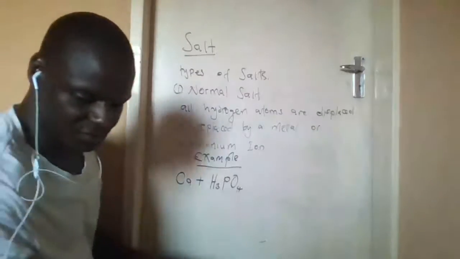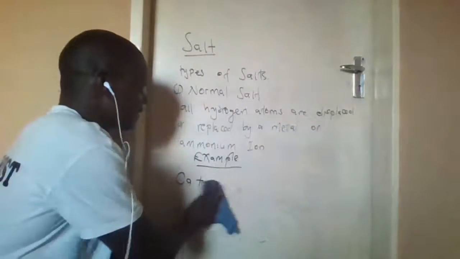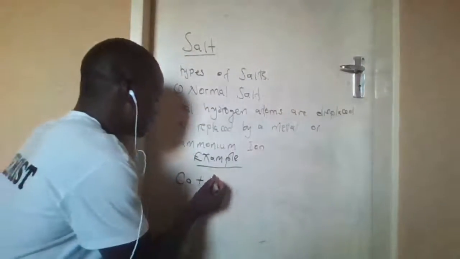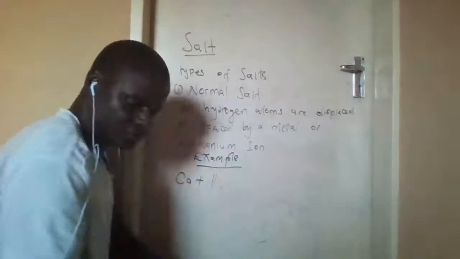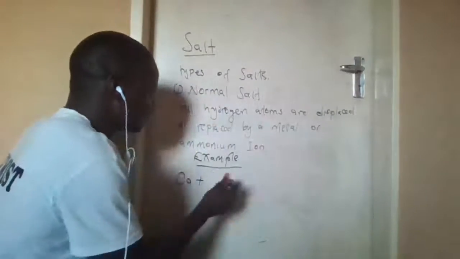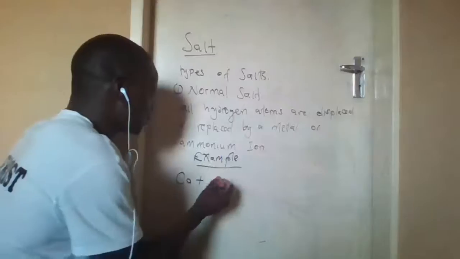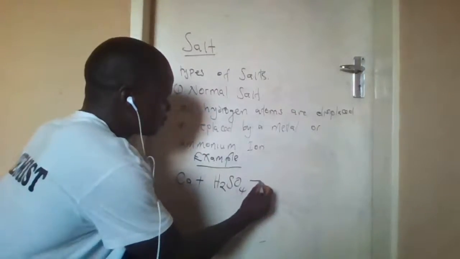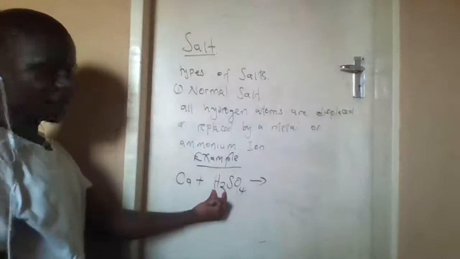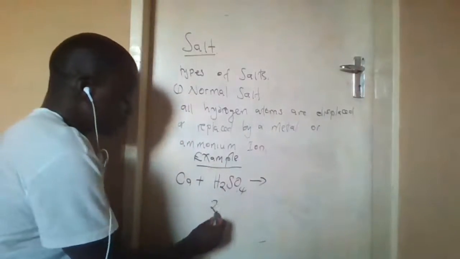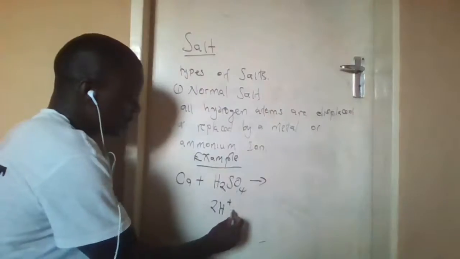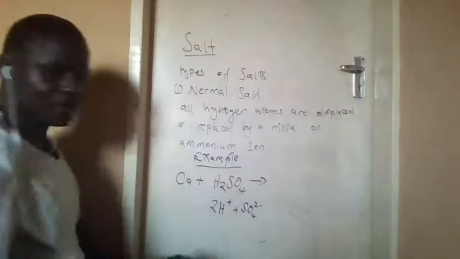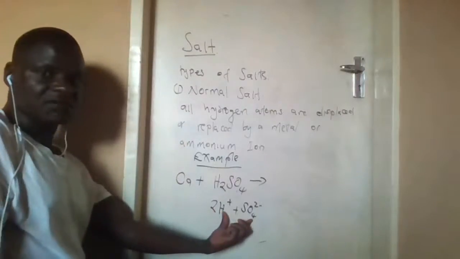Or maybe I can replace the phosphoric acid with sulfuric acid, which is H2SO4. Here there are two ions of hydrogen combined with one sulfate radical.